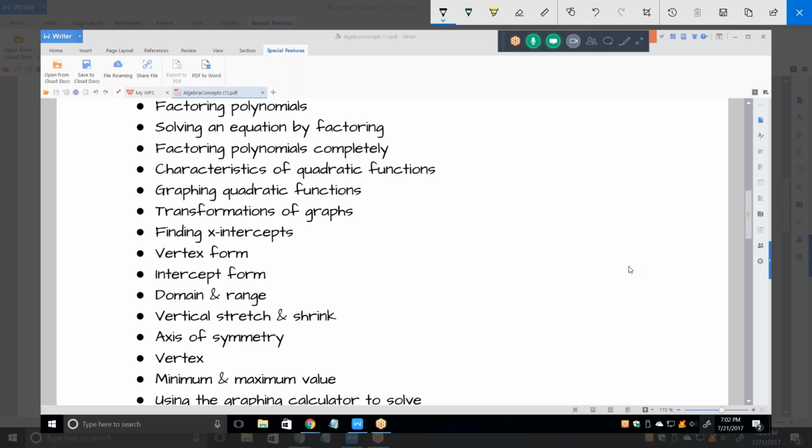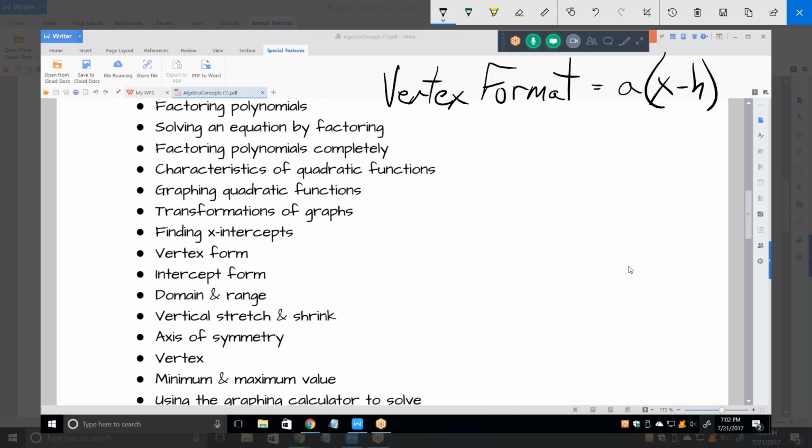One is vertex format. This is the most common format for a quadratic. And here, I didn't really write this properly.